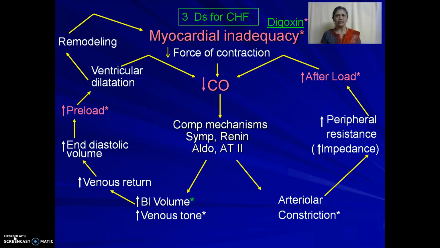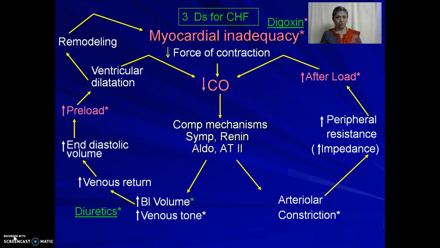Similarly, digoxin is said to increase the myocardial efficiency because it increases the output without increasing the oxygen consumption, unlike some other drugs like adrenaline, which would also increase the oxygen consumption. So digoxin is a selective positive inotropic agent.